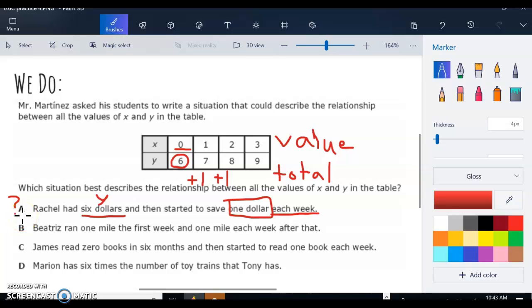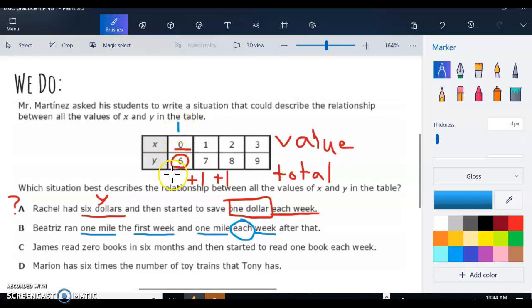It says Beatrice ran 1 mile the first week, and then 1 mile each week after that. So there's that keyword each again. Each week. This time she ran 1 mile the first week, so that means you would have to start out at 1 each time.